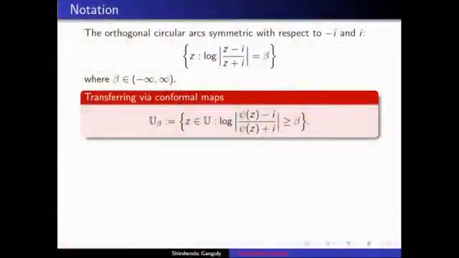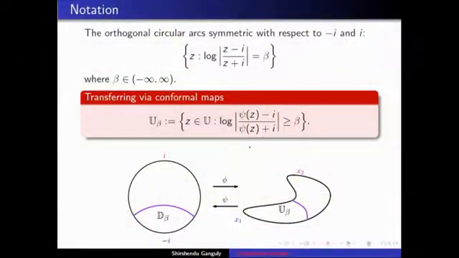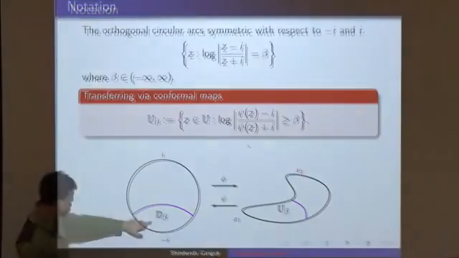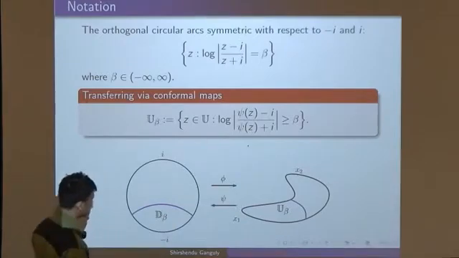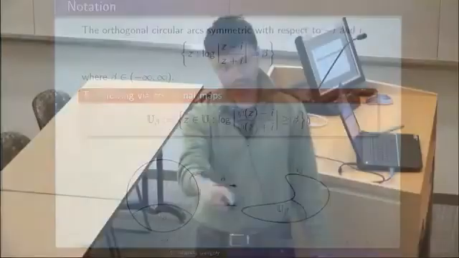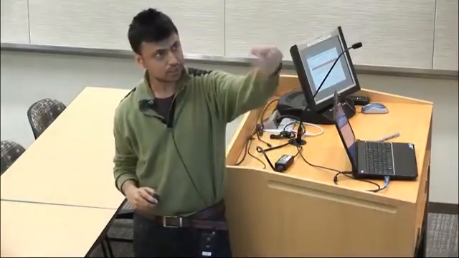Now I want to define a corresponding thing for a general domain U, so I just transfer via the conformal map. This is the orthogonal circular arc corresponding to beta. I call this region D beta, and then I look at the image with respect to phi, which will give me corresponding regions on the general domain U. Note that this parameterization of beta depends on this conformal map.